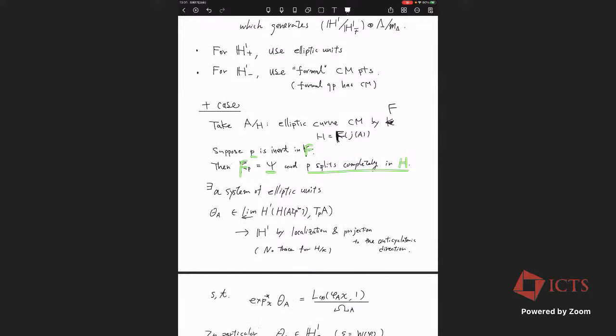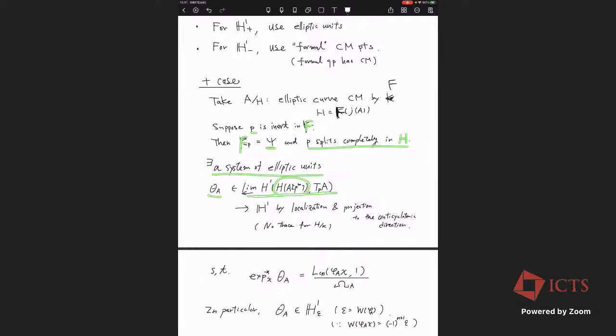Now we consider a system of elliptic units, theta_A, which by definition, by the Kummer map, lives in this cohomology group. So this is the global Galois cohomology group of the p-division tower. By localization and projection to the anticyclotomic direction, we think of theta_A as an element of our H^1.